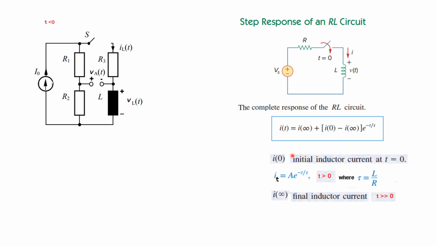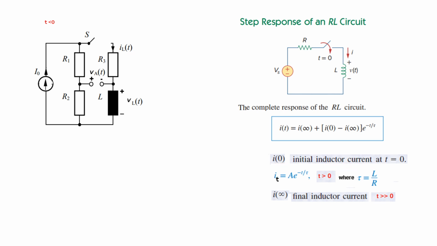Now, two things we have to find from here. One is I0, the initial inductor current. Remember, in case of an inductor, we don't write IL0; it should actually be written that way, but this is a common practice, that whenever we say I0, it is the inductor current.